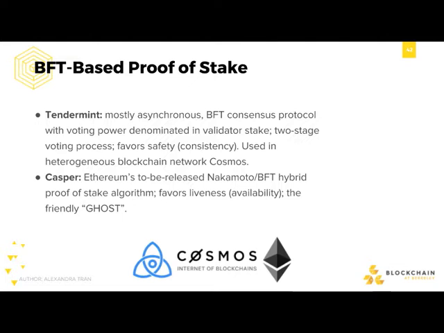Dave is going to go over those old algorithms like PBFT, and then later on in the presentation we're going to go over Tendermint and Casper, which also include either a hybrid or fully BFT consensus-based proof of stake protocol. All right, ready, Dave?